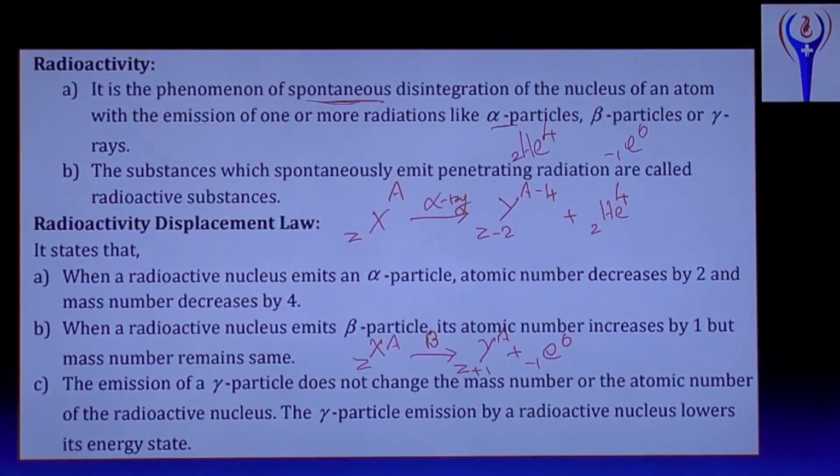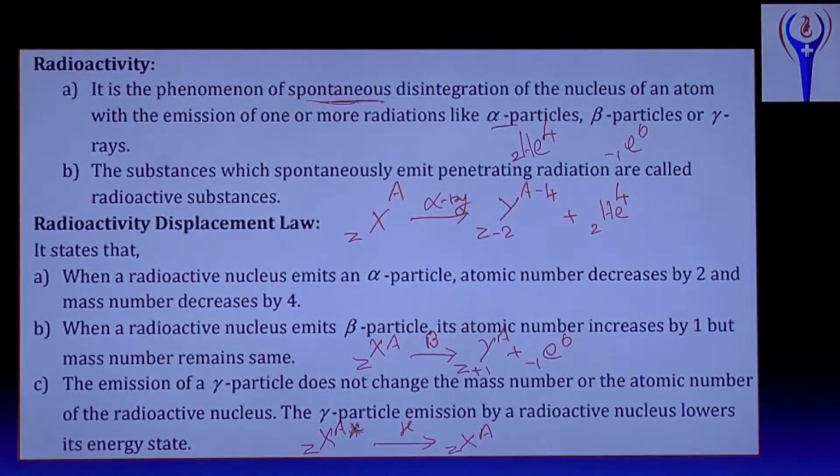This is alpha decay and this is beta decay. And gamma decay or gamma ray emission. In emission of a gamma particle, the mass number and the atomic number of the radioactive nucleus do not change, but it lowers its energy. For example, X, Z, A, if there is an emission of gamma ray, then also X, Z, A only, and this may be in the higher energy state as X, Z, A star, and this will be in the lower energy state.